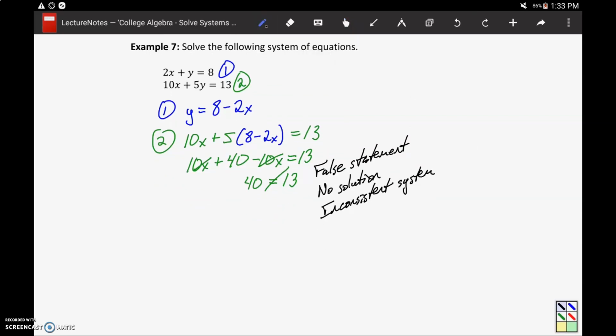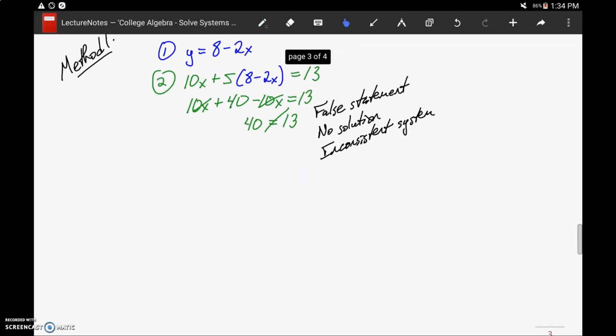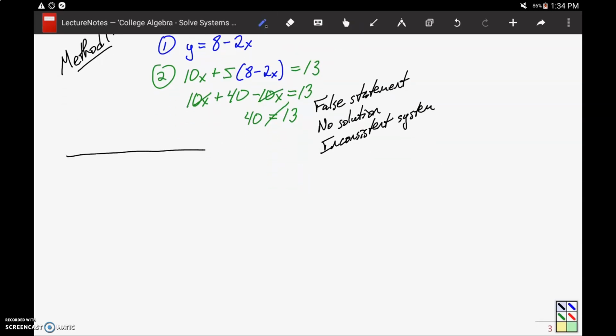So let's go ahead and refer to this as method 1 for identifying this inconsistent system, and consider a second method for trying to achieve that same result. This time around, what we're going to do is take both equations and solve them for y.